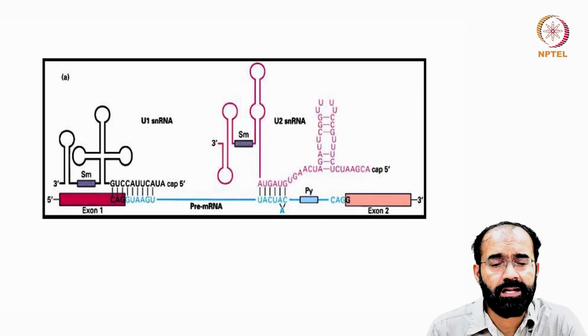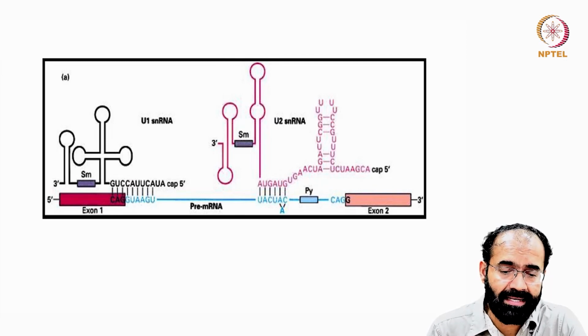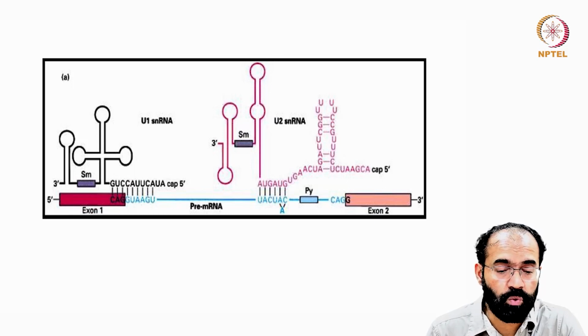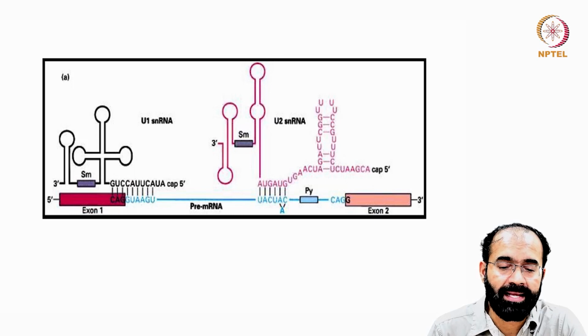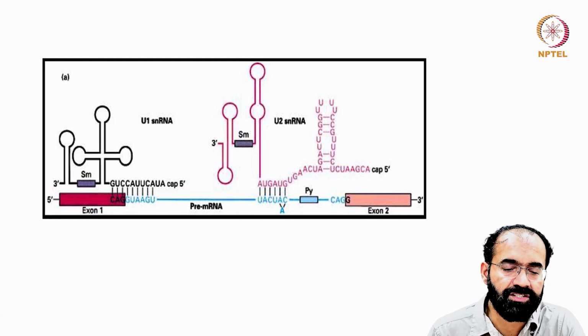This pink color box is exon 1, and this orange or saffron color box is exon 2, and in between, this blue line is the intron. An important point to understand is the exon 1 and intron 1 boundary. Towards the 3' end of the exon and the 5' end of the intron, you have a common stretch of sequence, that is CAG, GU, AA, GU.